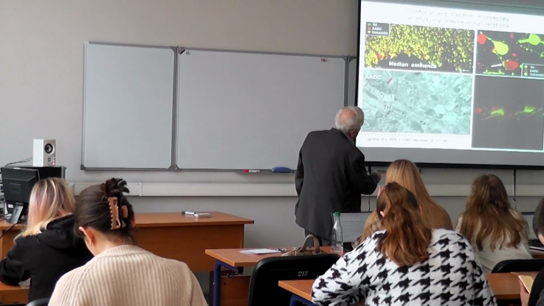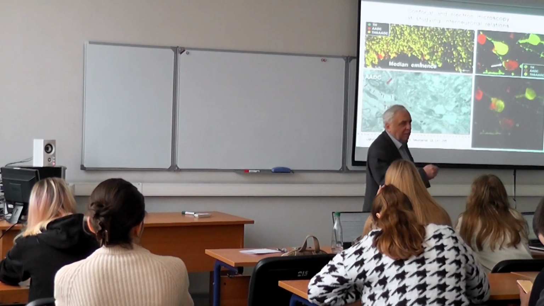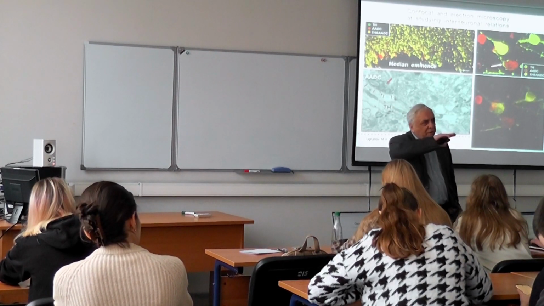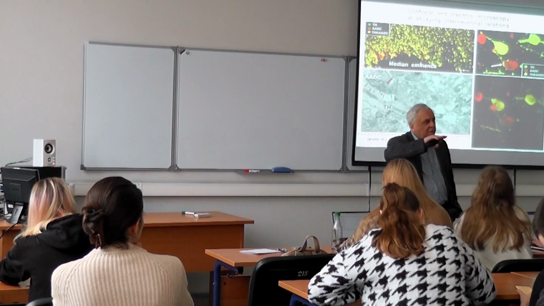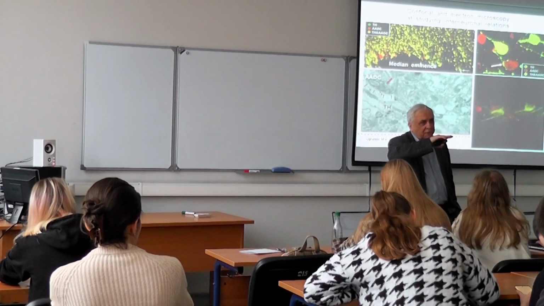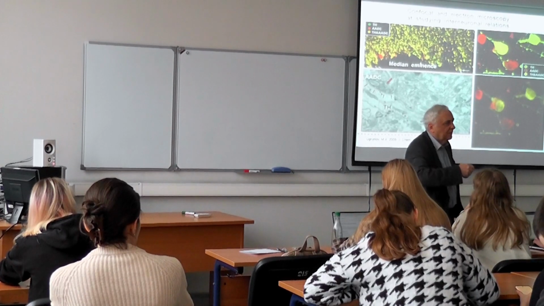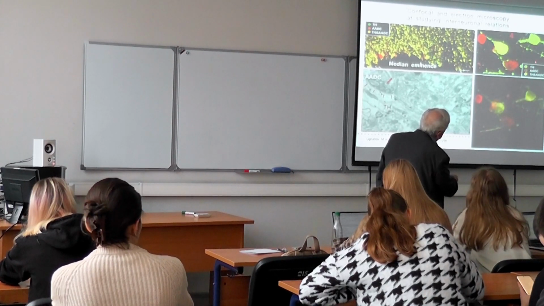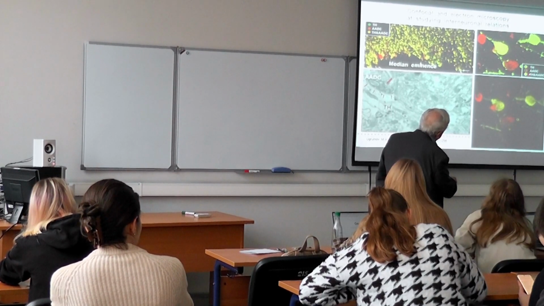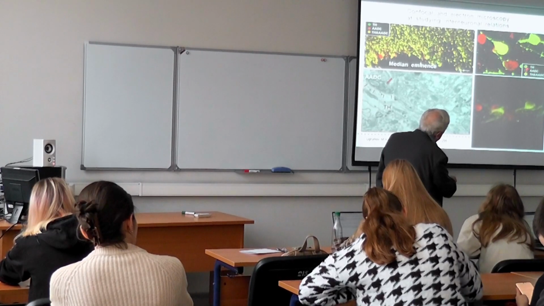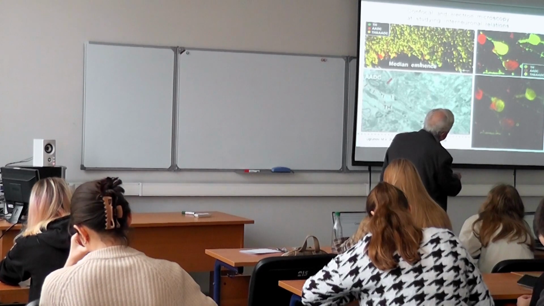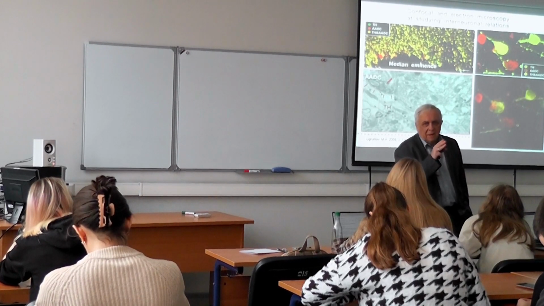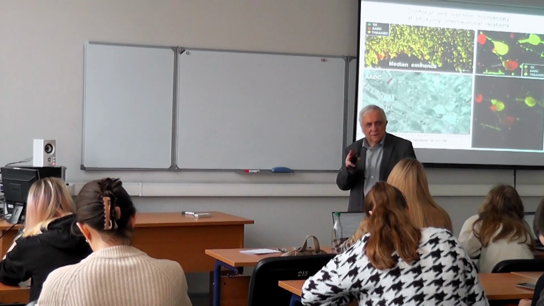Well, look please. This is double immunolabeling, immunocytochemistry. We stained neurons with different composition of enzymes for monoamine synthesis in the hypothalamic region. Look please. These yellow ones are neurons which contain both enzymes for dopamine synthesis, tyrosine hydroxylase and aromatic L-amino acid decarboxylase.